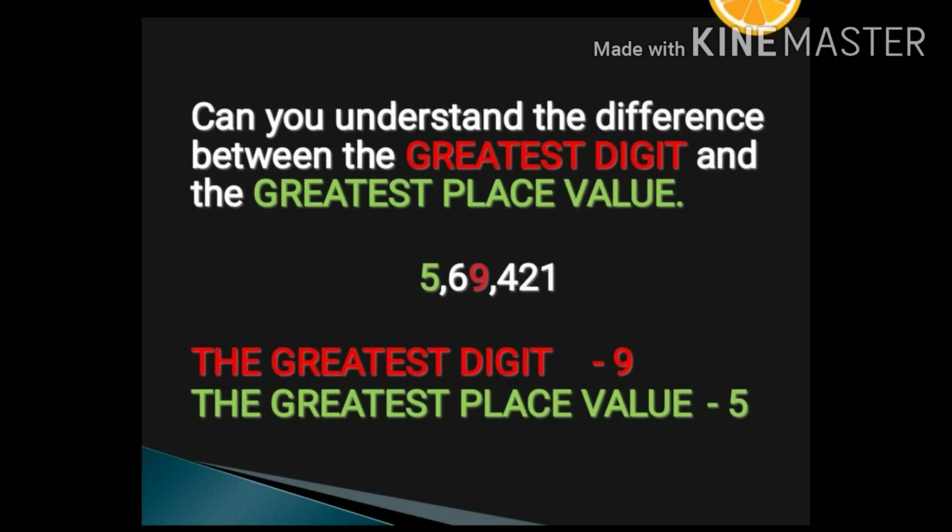Can you understand the difference between the greatest digit and the greatest place value? Listen carefully. The number is 5,69,421. Here the greatest digit is 9 and the greatest place value is 5.